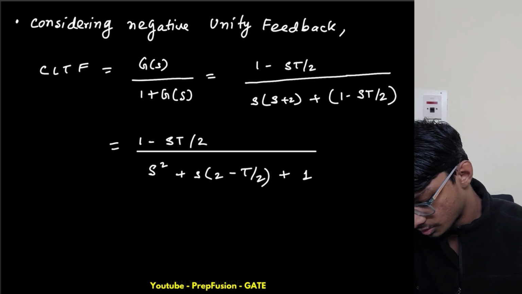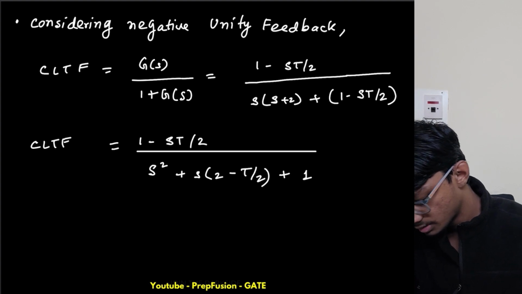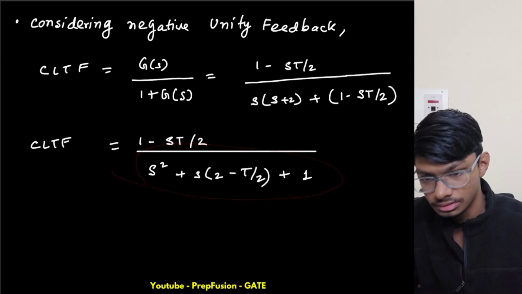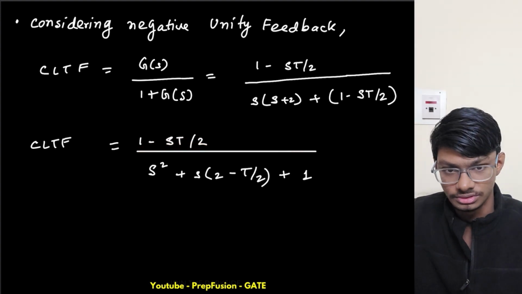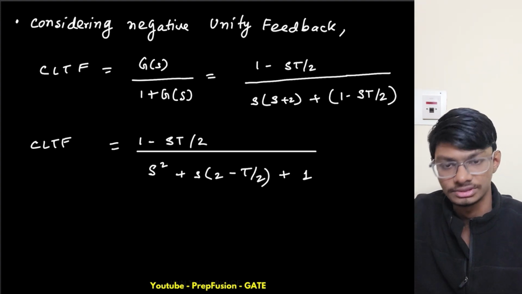Okay, so what is the condition for my CLTF to be stable? The characteristic equation should have roots with negative real part, lying on the left hand side of the s plane.